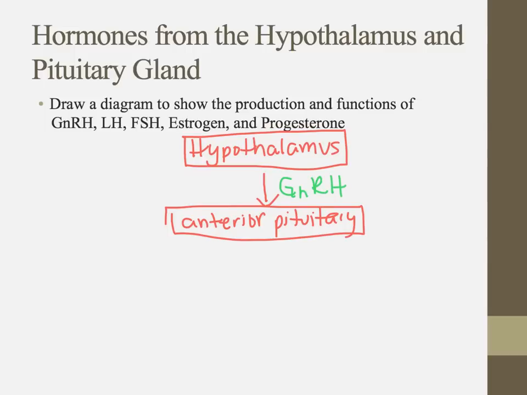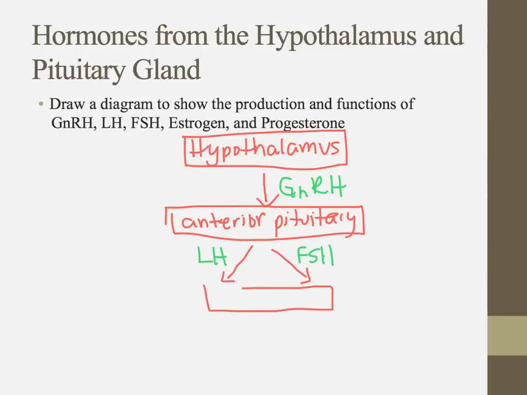It tells the anterior pituitary to produce one of two hormones: LH, the luteinizing hormone, or FSH, the follicle stimulating hormone.